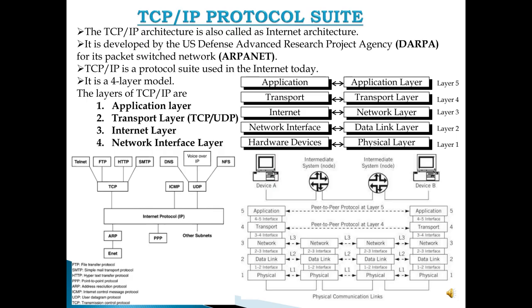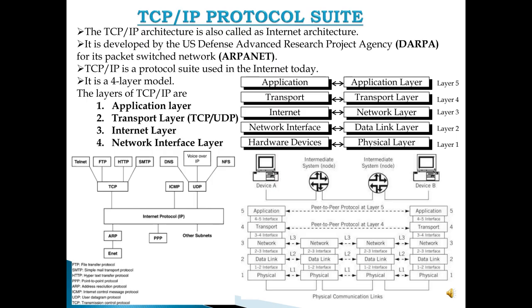TCP/IP is the protocol suite used in the Internet today. It is a four-layer model. The layers of TCP/IP are application layer, transport layer, which contains TCP and UDP, internet layer, and network interface layer.